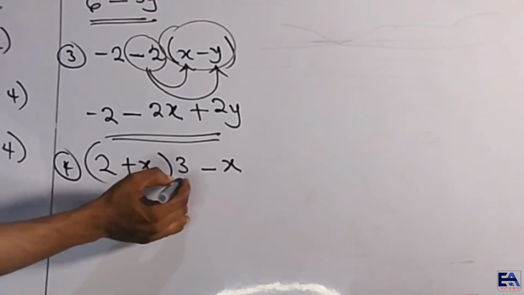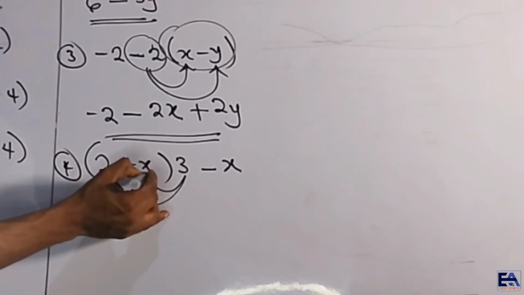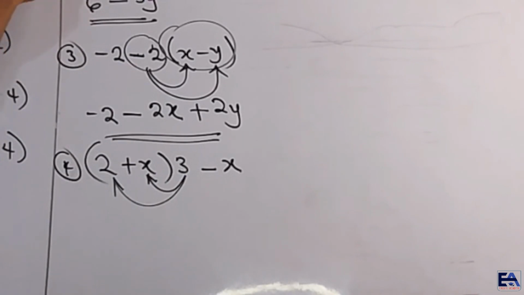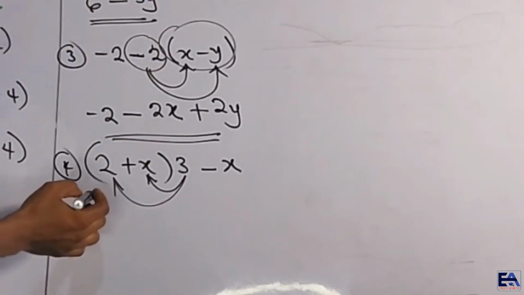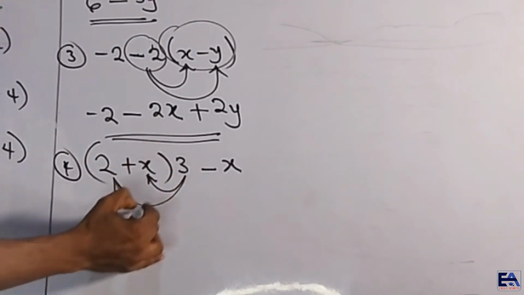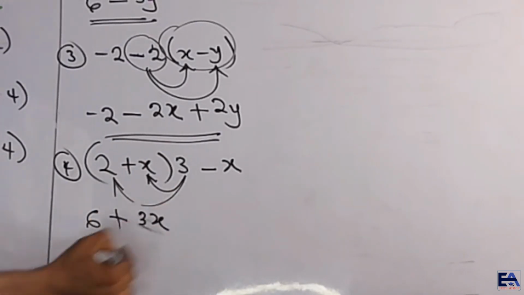So because of that, we are going to have this 3 multiplies 2 and 3 multiplies 1. Okay, the difference here is that instead of doing it from left to right, we are doing it from right to left, okay? So 3 times 2 will give us 6, plus 3 times x will give us 3x, okay?